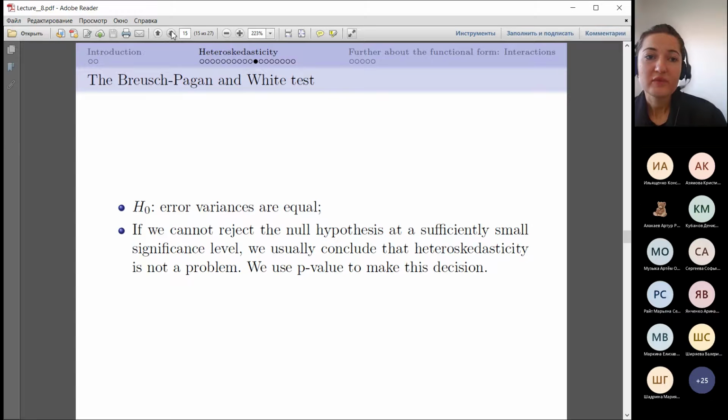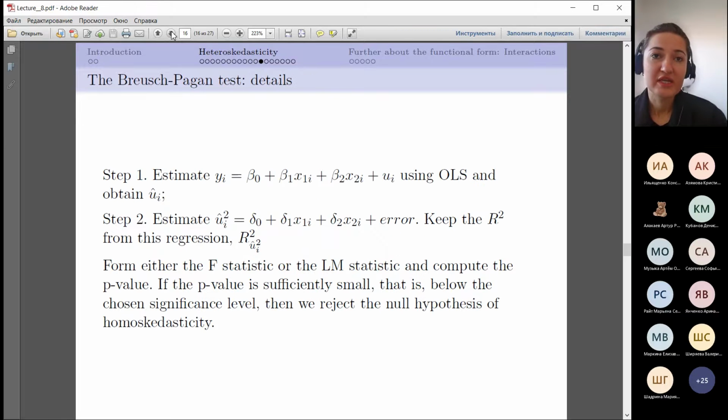Okay, so we need to obtain some statistic, calculate the p-value and compare the p-value with the significance level. In most cases, we choose, of course, a 5% significance level traditionally. So let's take a look at the steps. How can we conduct it? Let's start with the Breusch-Pagan test. So let's start with the details.